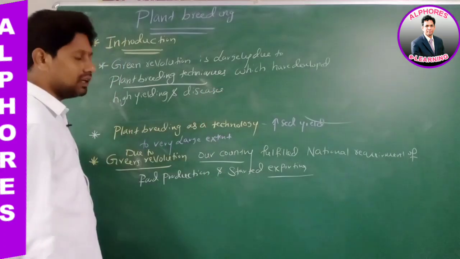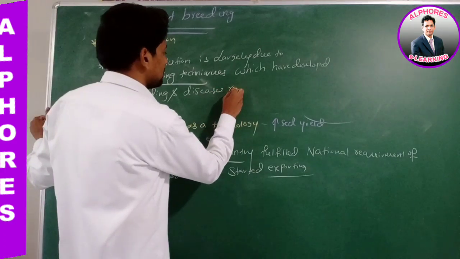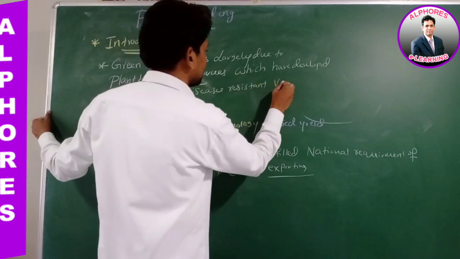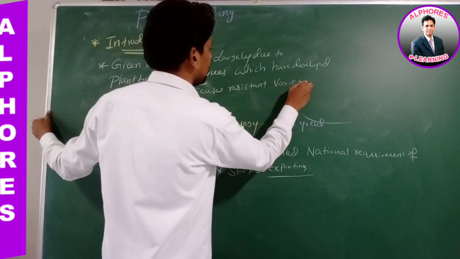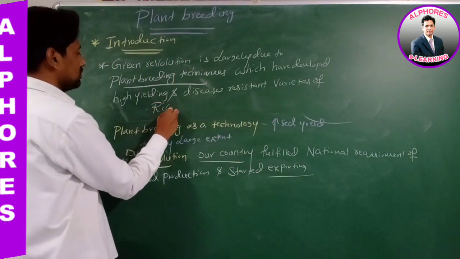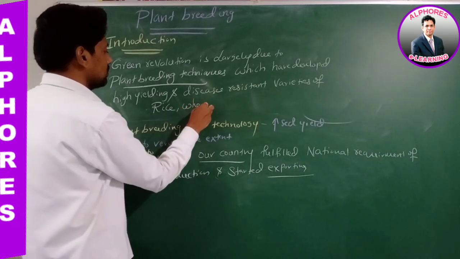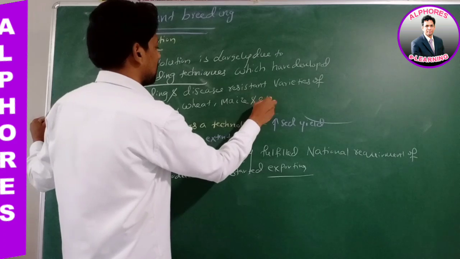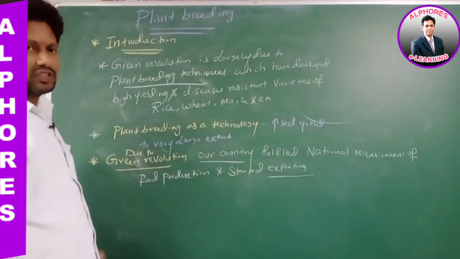High yielding and what, sir? Disease resistant varieties of what, sir? Of rice, wheat, maize and etc. Are these statements okay?